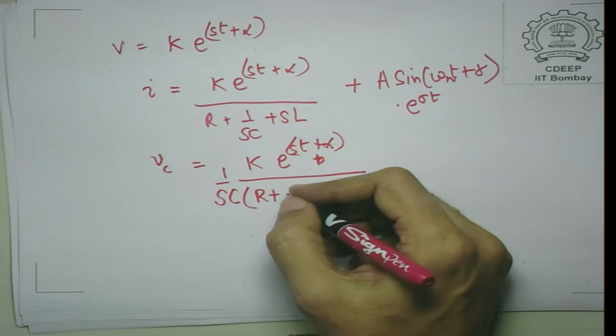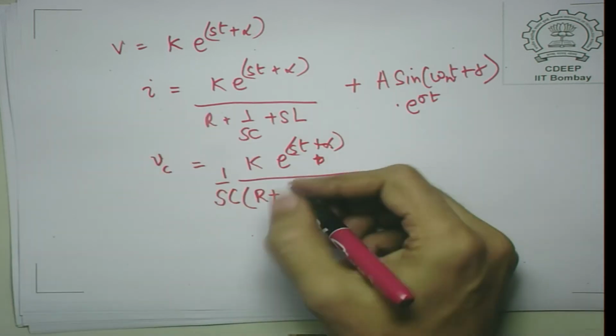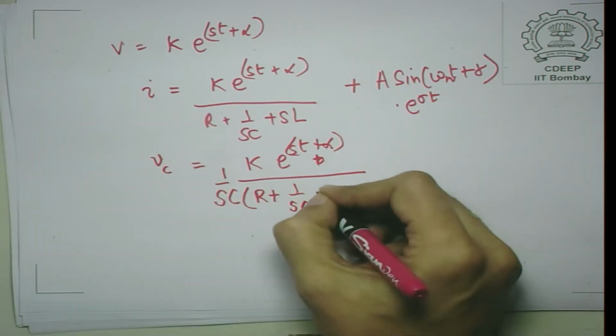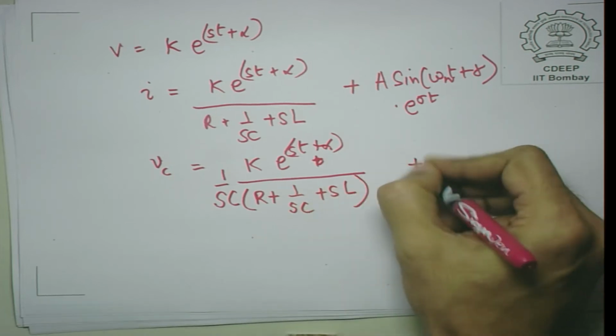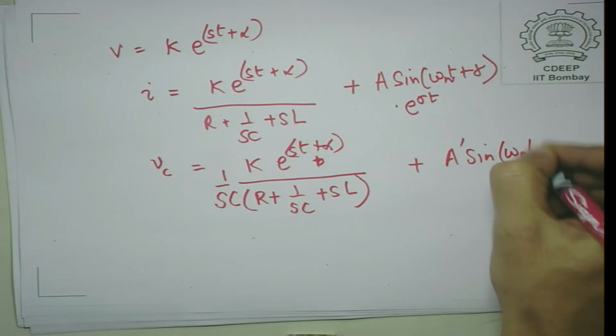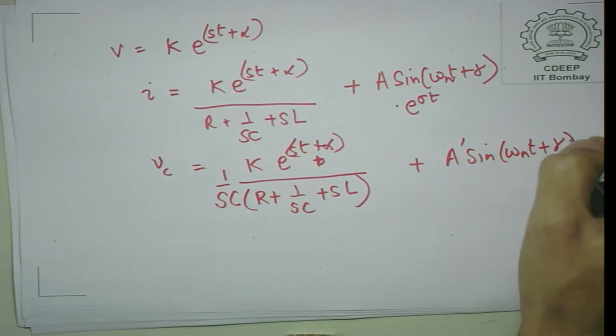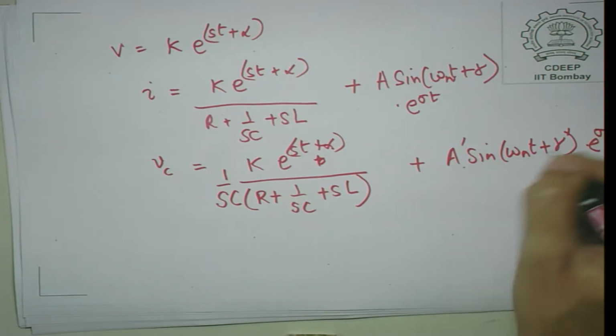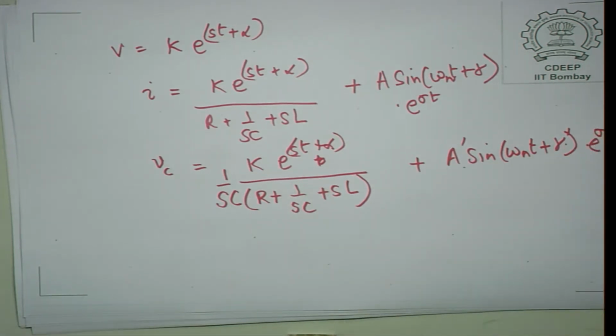In fact, it is not only the integration, but you have to also scale it by c, because the current plus some a dash sin omega n t plus gamma dash into e raised to sigma t. This a dash and gamma dash of course may be different here.